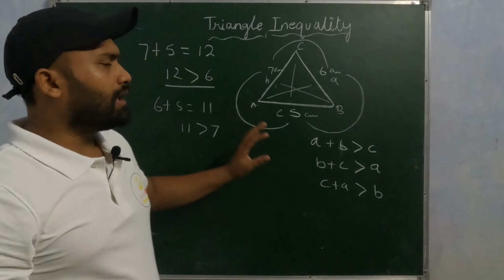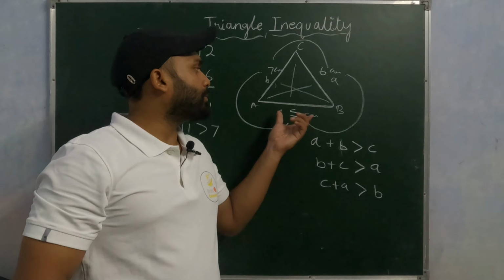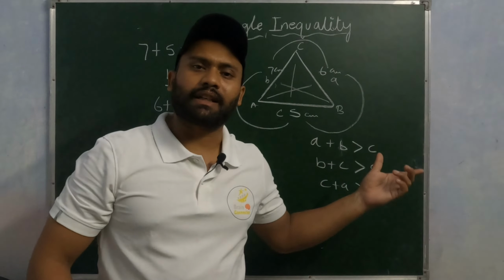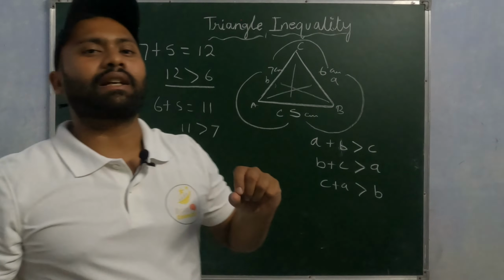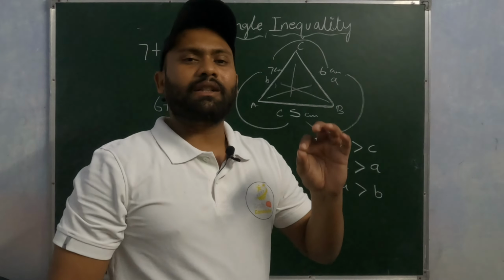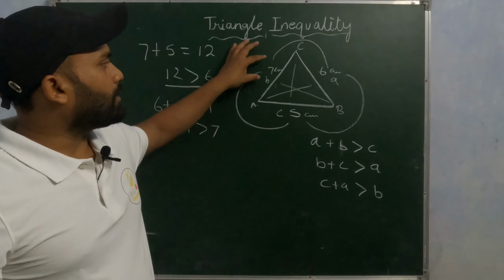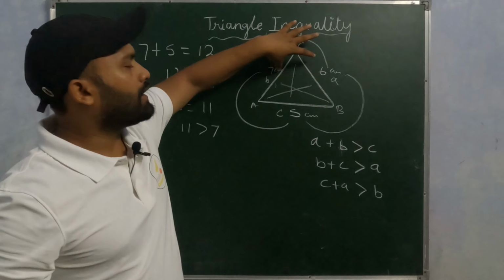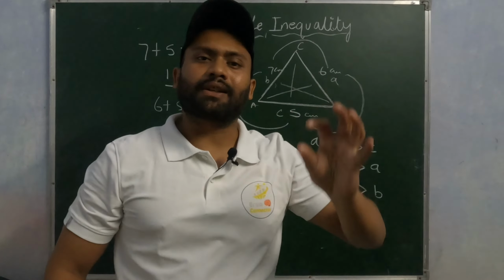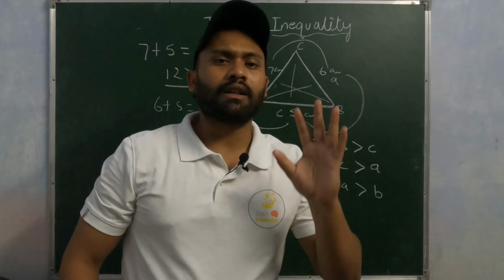Okay, similarly, this property says the sum of two sides is always greater than the third side. Similarly, you will find that when you subtract any two sides of the triangle, this is the difference property, you will always get a measurement less than the third side.